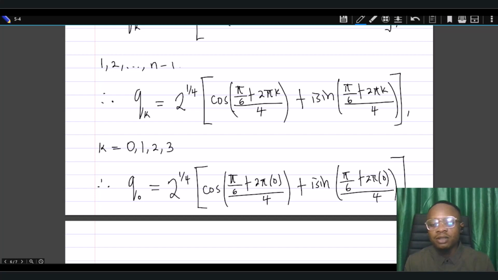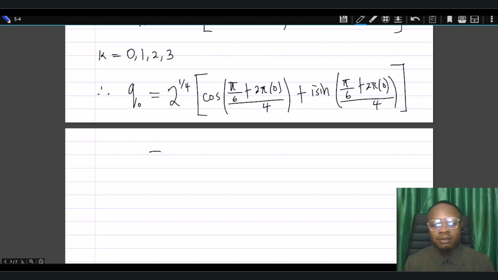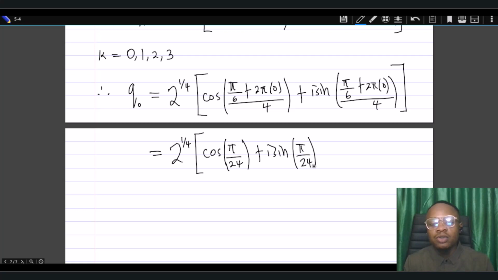So we close this off and close this off. With that, we now obtain this to be equal to 2 to the power of 1 over 4 multiplying the cosine of pi over 6 plus 0, then divided by 4, that is pi divided by 24, plus i sine pi divided by 24. So that is q sub 0 in polar form.